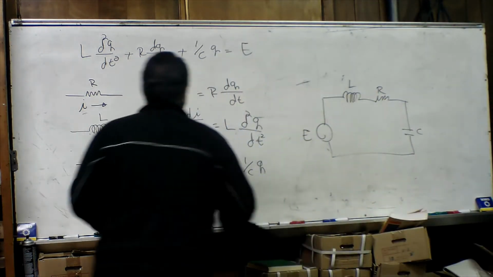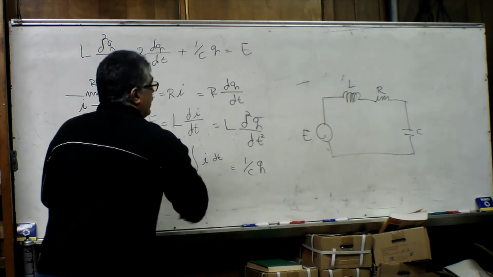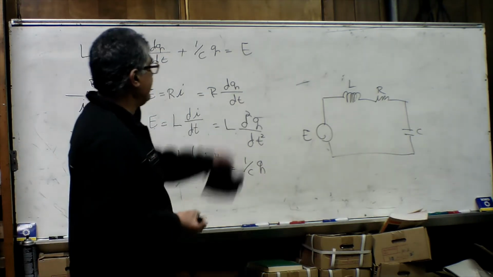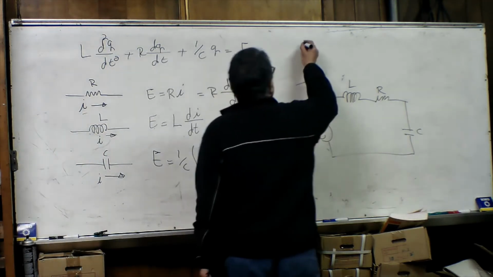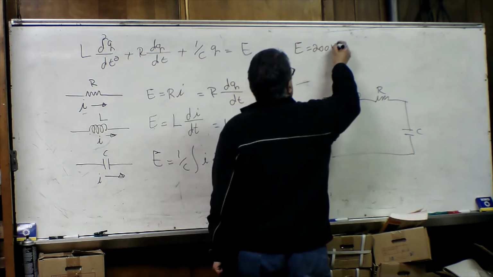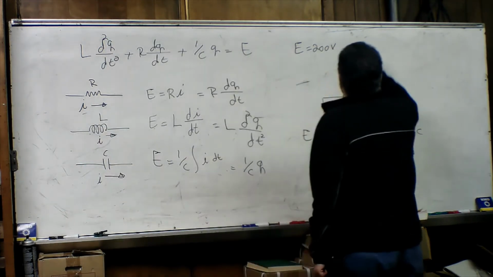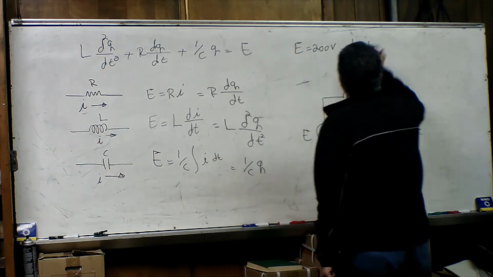Now let's go ahead and solve a problem. Let's say that we have a circuit where our voltage is 200 volts, and our inductance is 1.